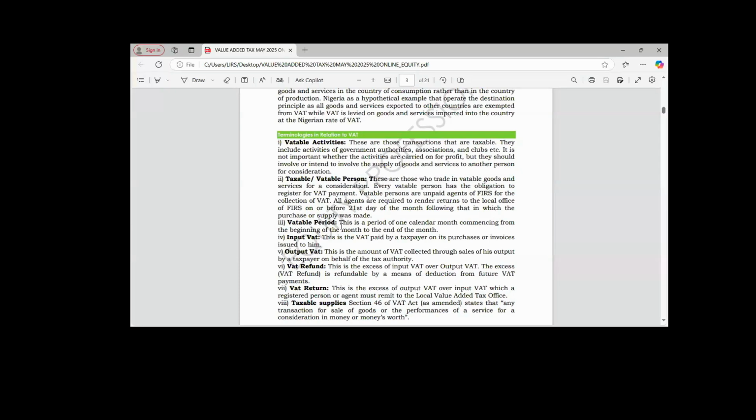As a VAT agent, you are supposed to account for VAT from January 1 to 31st of January, which you now remit. All the activity for January must be remitted on or before 21st of February of that particular year, which is the VATable period of 1 month.